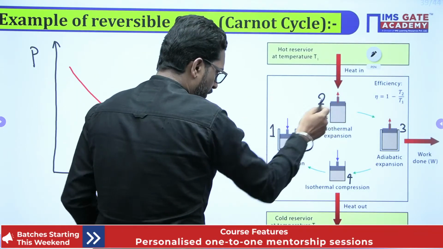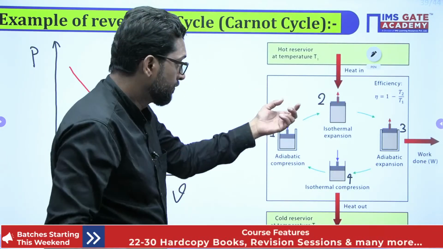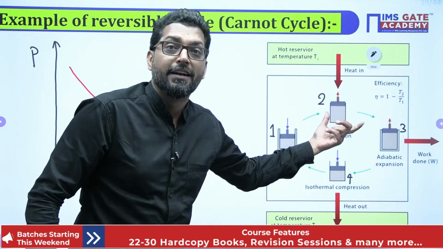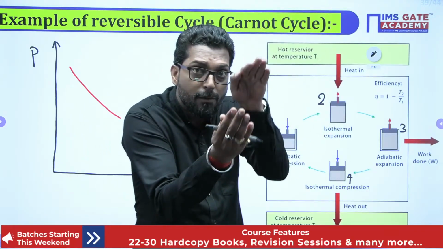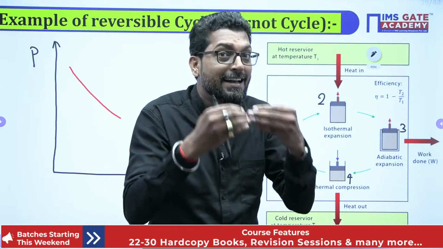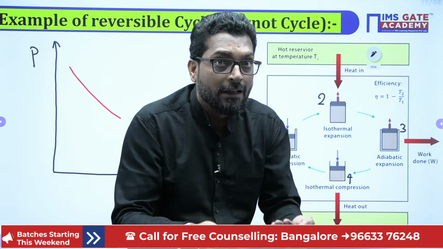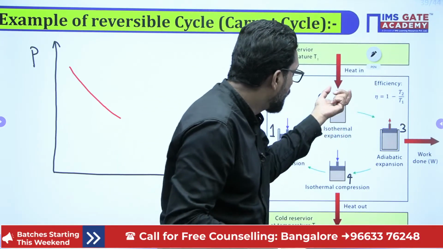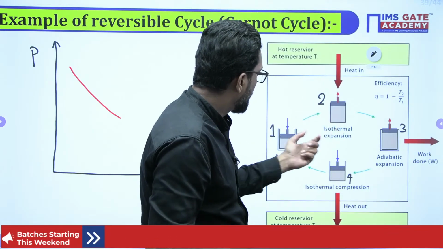Now, when you have compressed, you allow the expansion of the gas. If you compress it, its internal energy will increase, and that increase in internal energy will increase the temperature. Now there is an expansion.